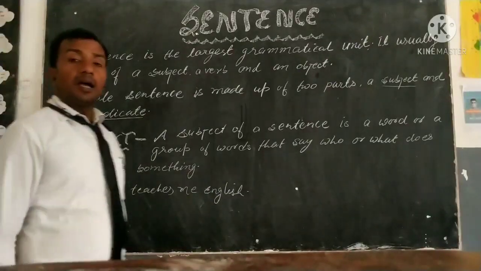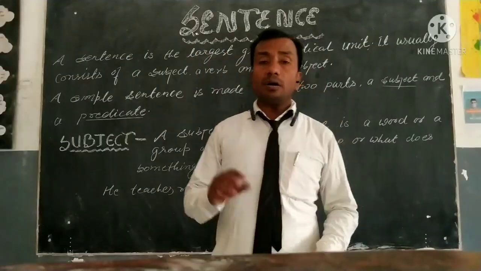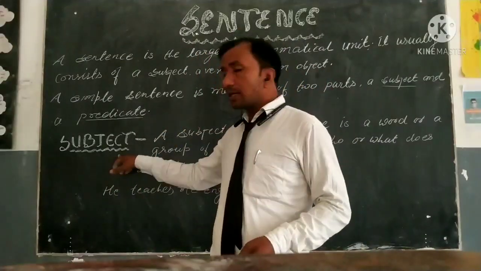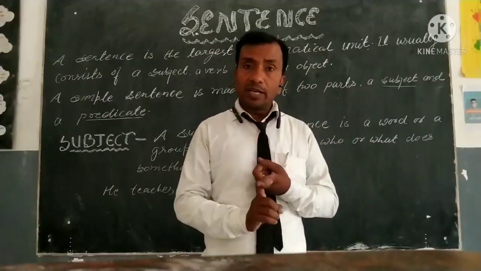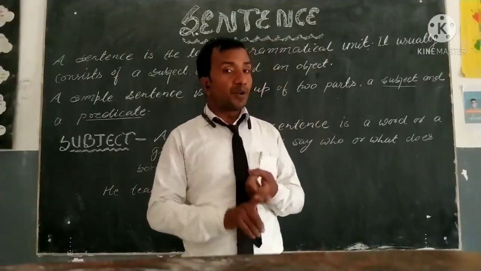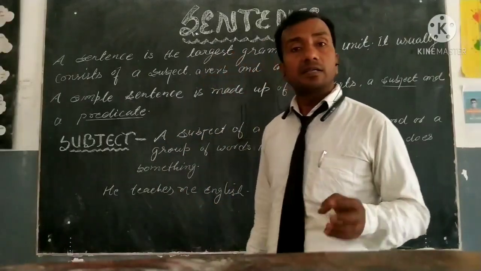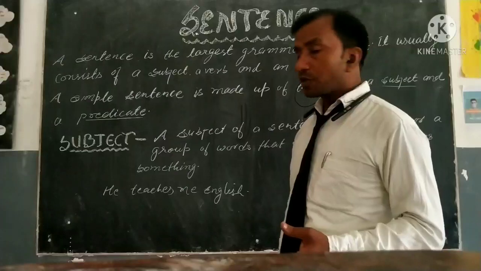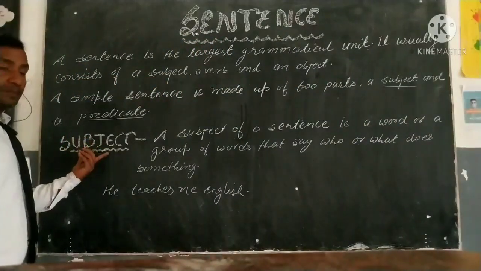You know that any noun, pronoun, it and there are known as a subject, but they have to do some work. So usually noun and pronoun are considered as a subject in a sentence. So let's discuss the definition of subject.